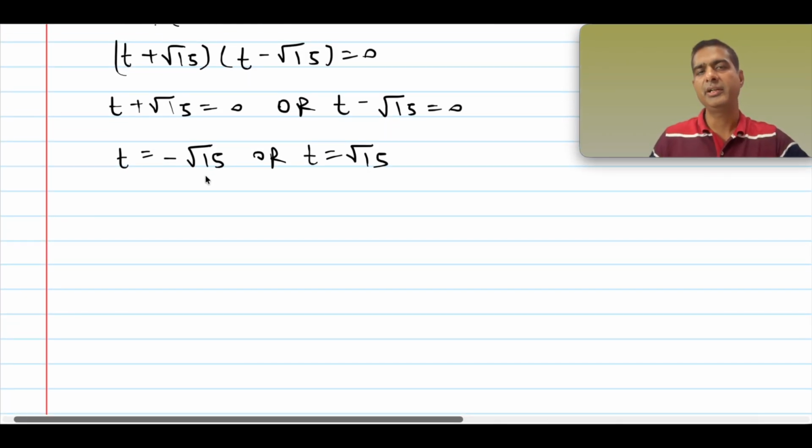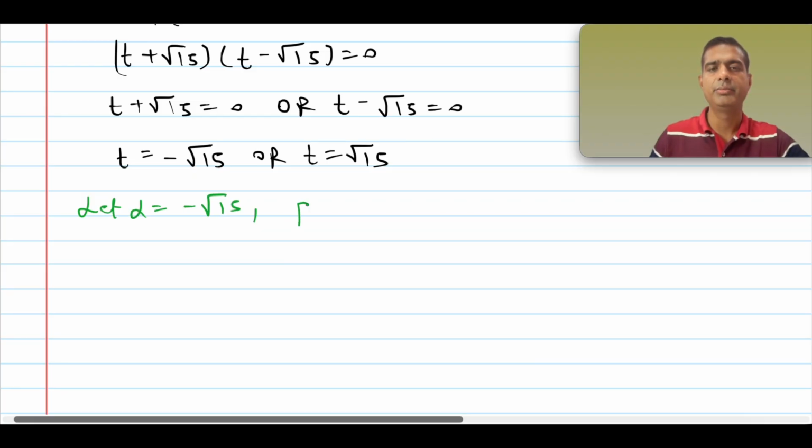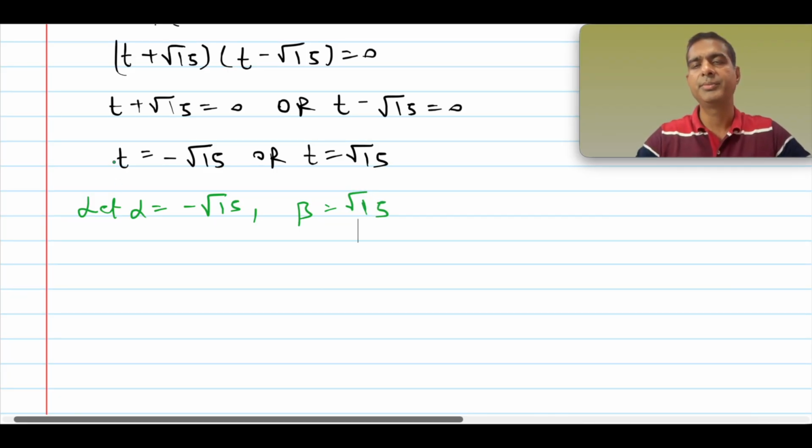Now similarly we can verify the relationship between the roots and the coefficients. So for that we can take, let alpha is equal to minus root 15 and beta is equal to root 15, and remember students, we will be taking ax square plus bx plus c as our standard quadratic equation, and the sum of the roots is given by negative b by a and the product of the roots is given by c by a.